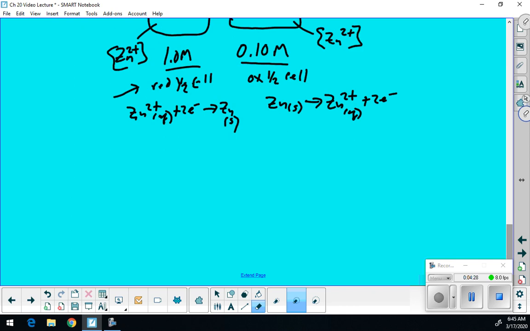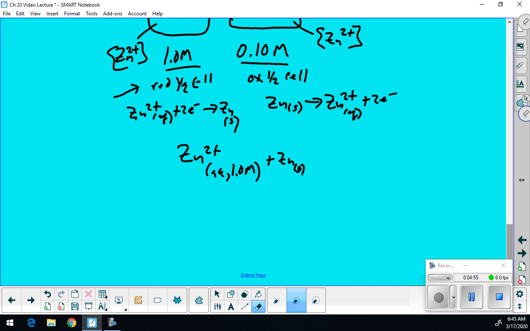And for the heck of it, let's go ahead and write the total equation. So what do I really have? I have Zn 2 plus aqueous, but let's go ahead and write down the concentration here: 1 molar. And my 2 electrons are going to cancel, and the zinc solid on both sides, which we could really say is going to cancel, couldn't we?